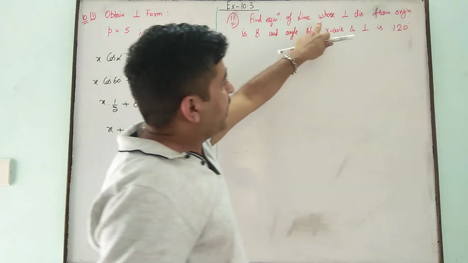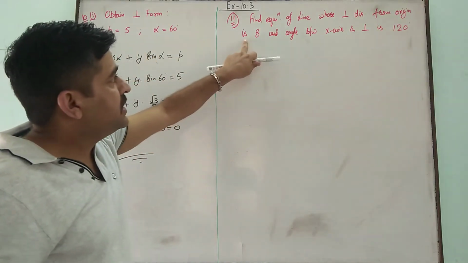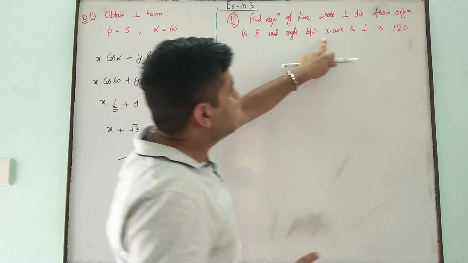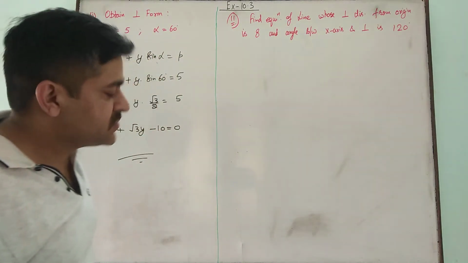Find the equation of line whose perpendicular distance from origin is 8. Perpendicular distance is 8. Angle between x-axis and that perpendicular is 120 degree.